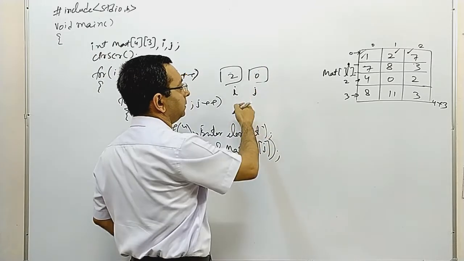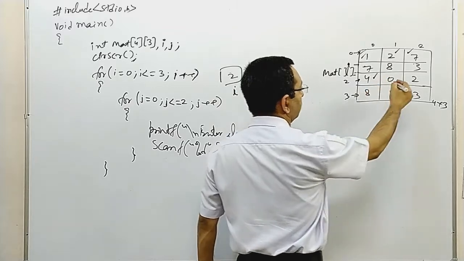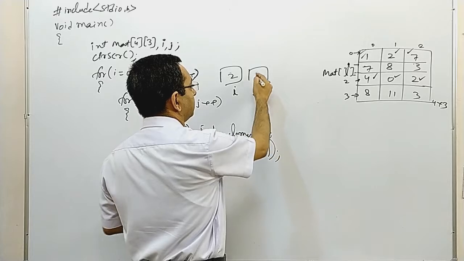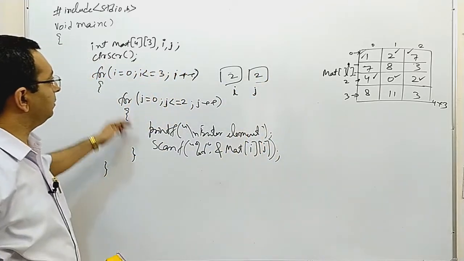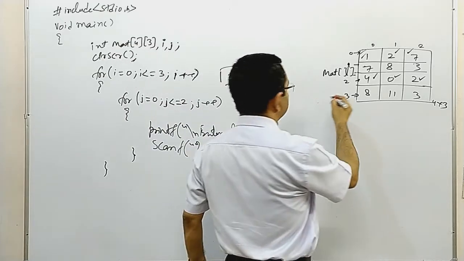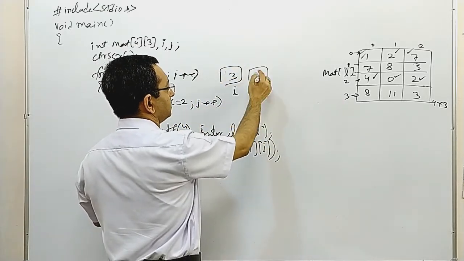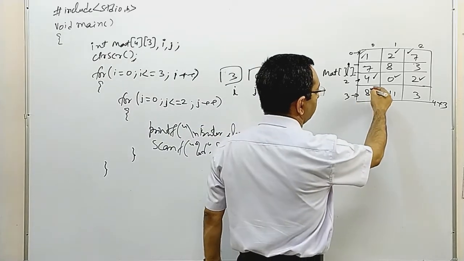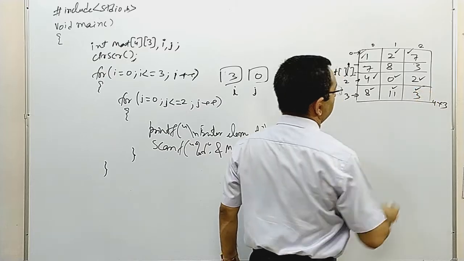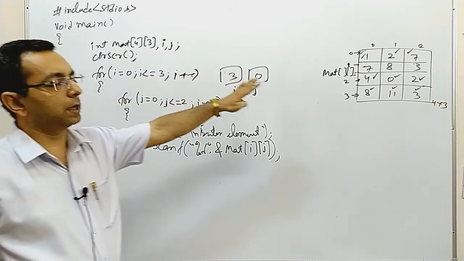So initially 2 0 will be stored, then 2 1, then 2 2. After reaching this stage, I will be incremented again, it will be 3. So the value for I will be 3 and j will be 0. So 3 0, 3 1 and 3 2 will be stored. So we are now assuming that all those values are stored.